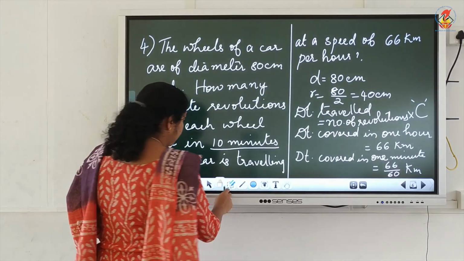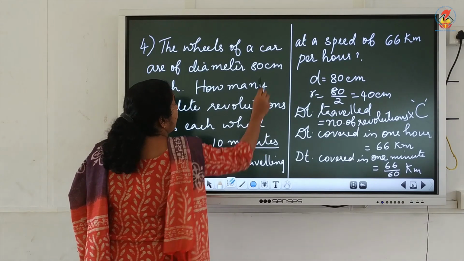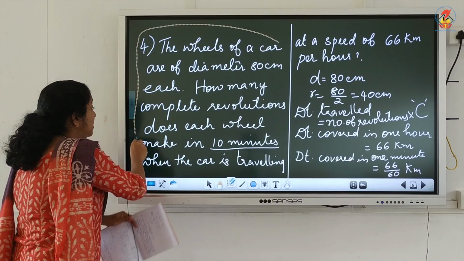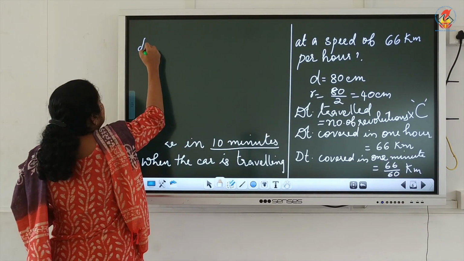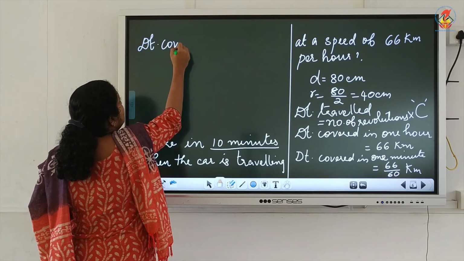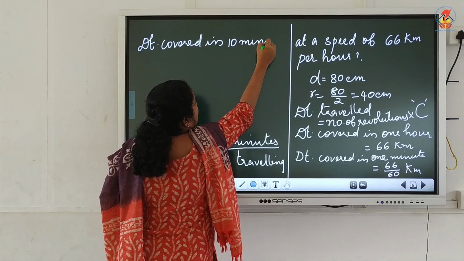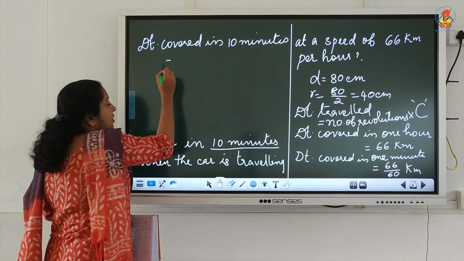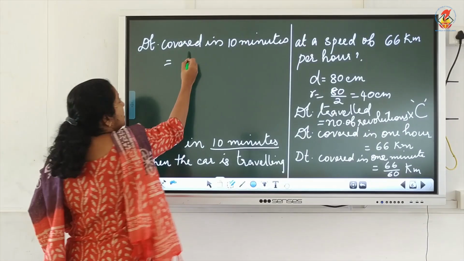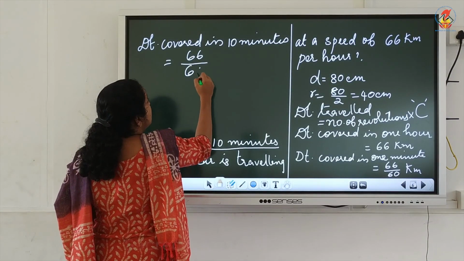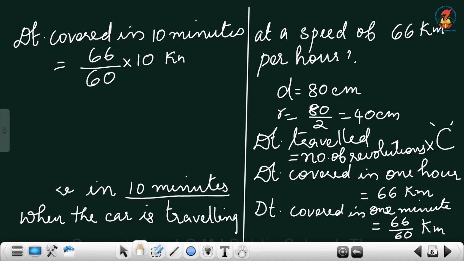What we need is distance covered in 10 minutes. Distance covered in 10 minutes is 66 by 60 into 10 kilometer.